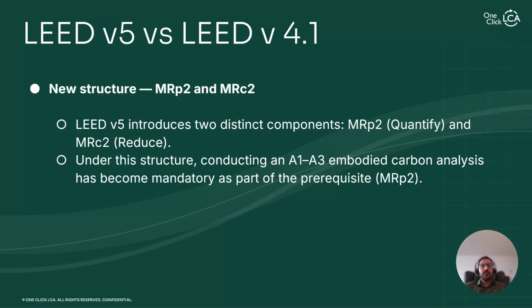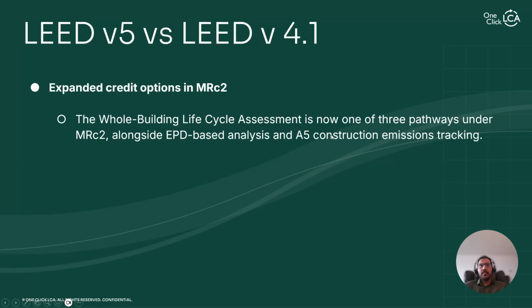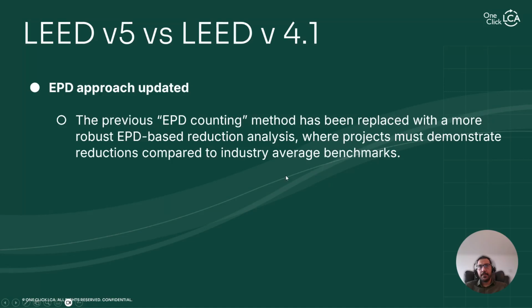You need to do the LCA for A1 to A3 and the embodied carbon assessment of that to be qualified for your LEED certification. This is something we didn't have before, and it started from LEED V5. Besides the prerequisite, you have the reduction option as well, and that is where you get your credits based on the reduction of the GWP of the assessment of your building.